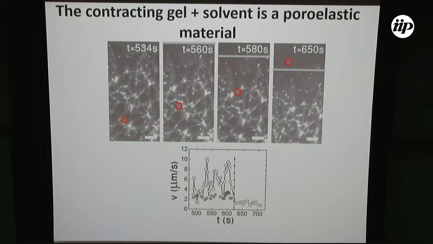One of the things that we noticed is that the very low velocities are places where we are very close to the meshes, and the highest velocity of the solvent is in the center of the pore. So really, we have a measure to show that the system is porous, and the solvent really follows the structure of the gel. But you can really see it only when everything is a little bit slowed down.